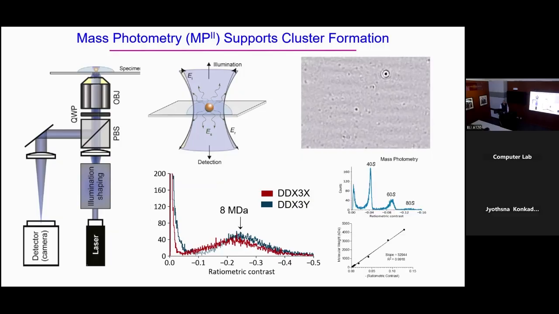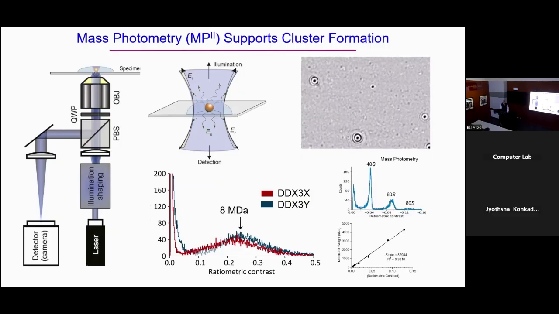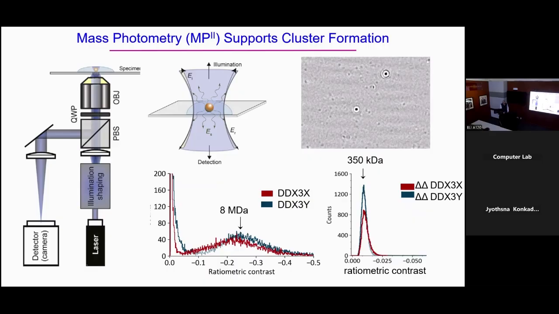We can calibrate it with ribosome subunits. And if we use the truncated ones that don't have the IDRs, we just get a much smaller particle on the mass photometry. So all this is a very strong correlation or support for what we found by FCS. And so the editors and referees were happy with that in that paper.